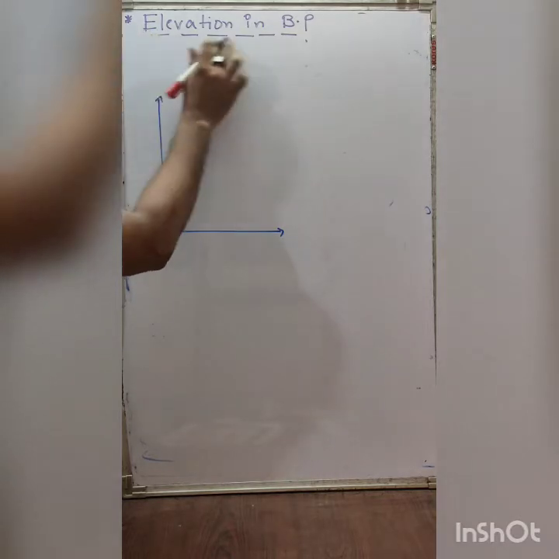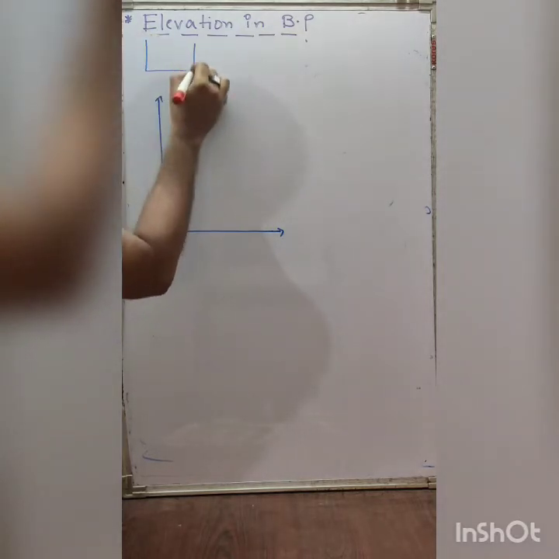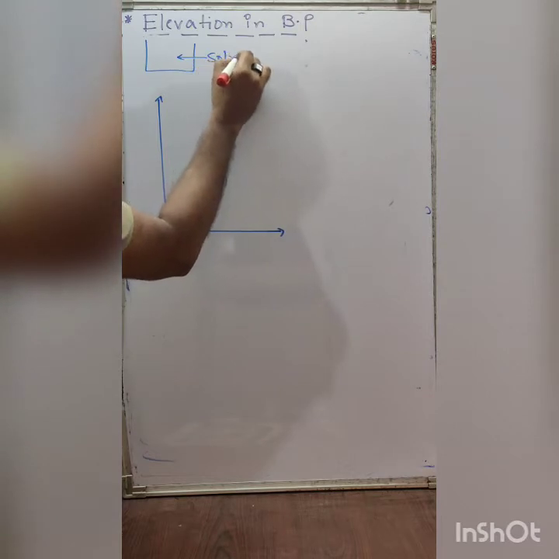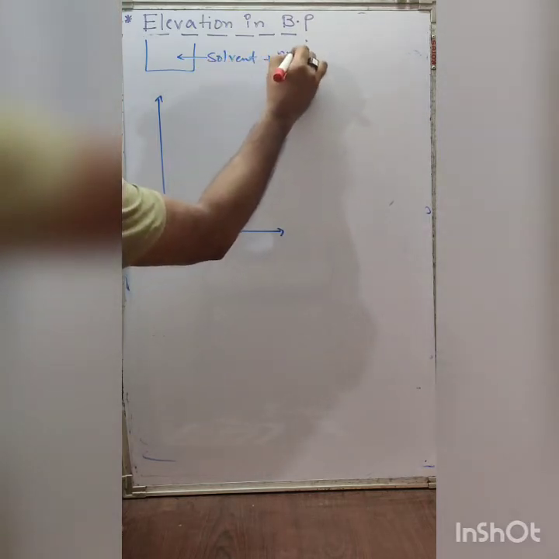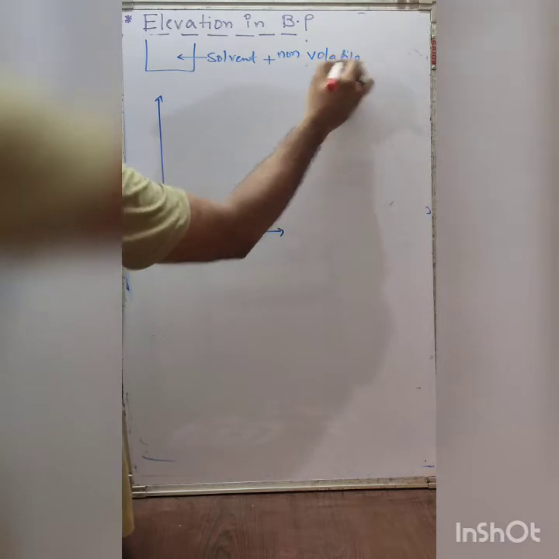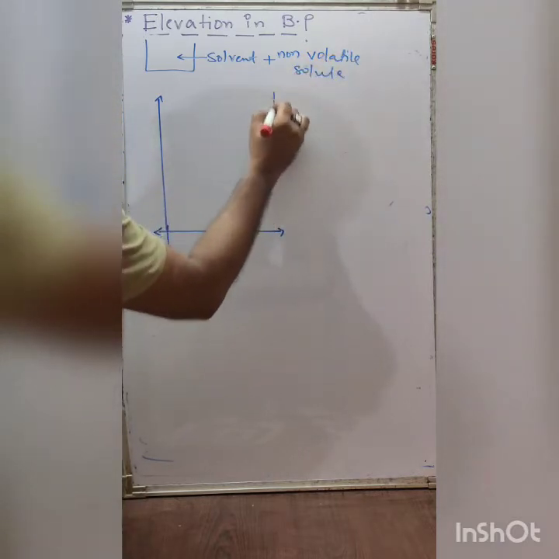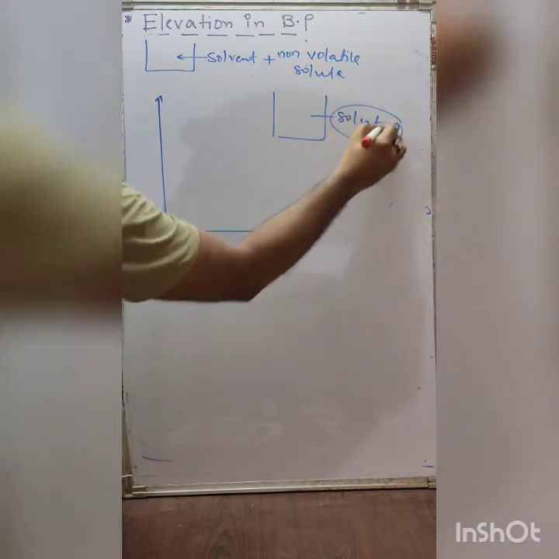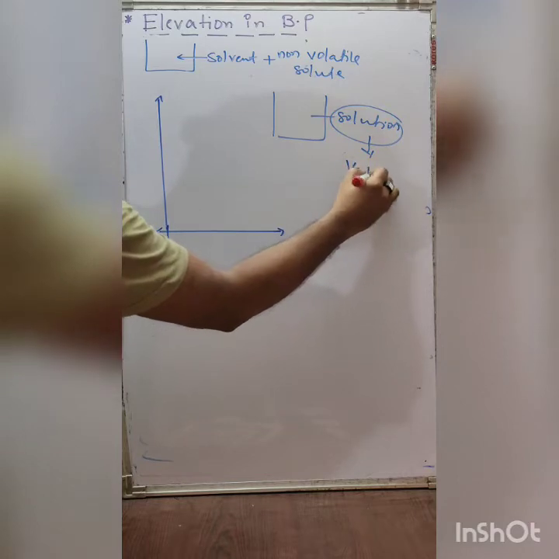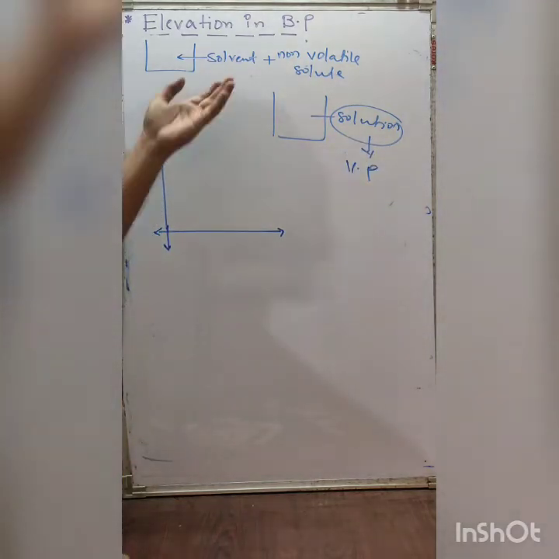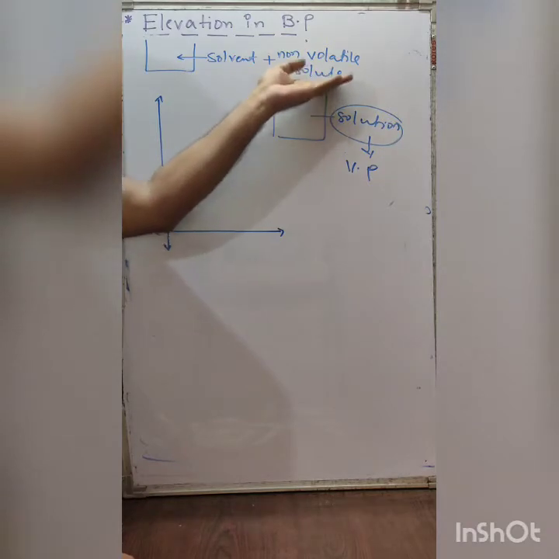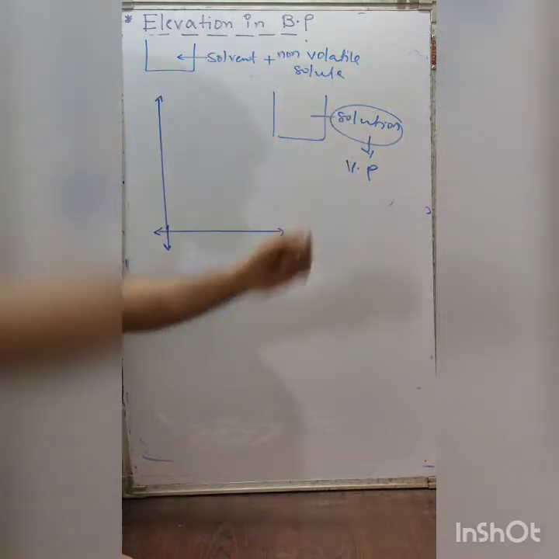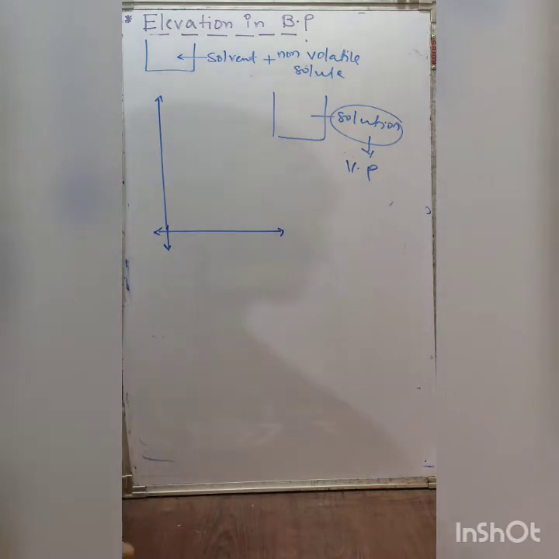As we know, when in a volatile solvent we add a non-volatile solute, that is the formation of a solution, and in the solution which is formed there is a decrease in vapor pressure, which is called lowering of vapor pressure.